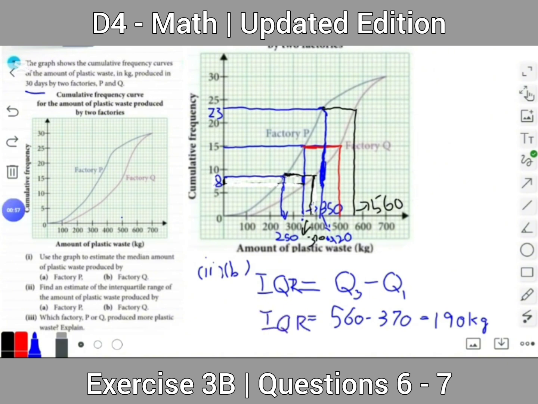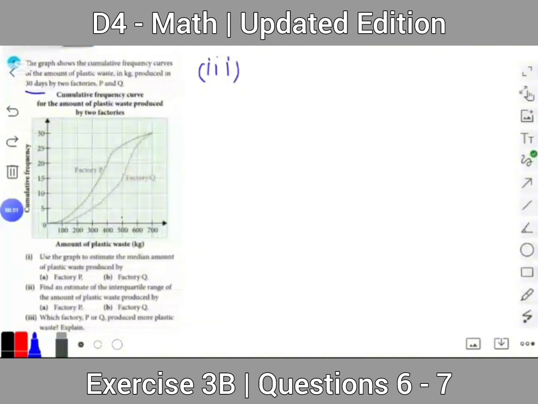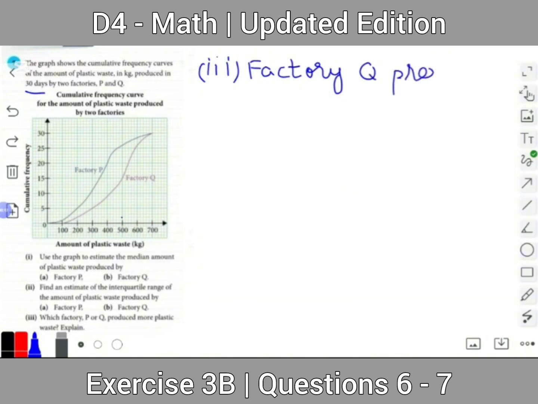Now in part 3, which factory, P or Q, produced more plastic waste? Explain. Factory Q produced more plastic waste.